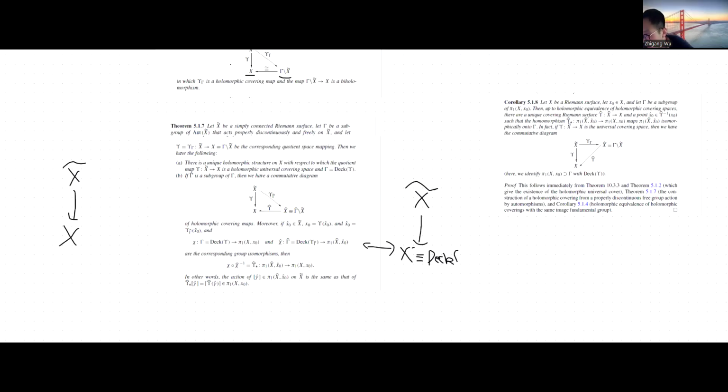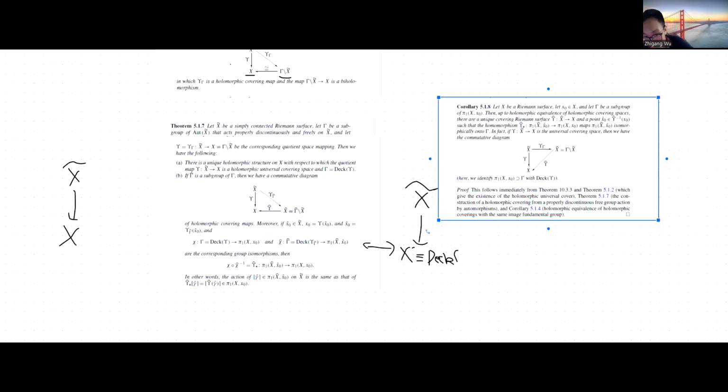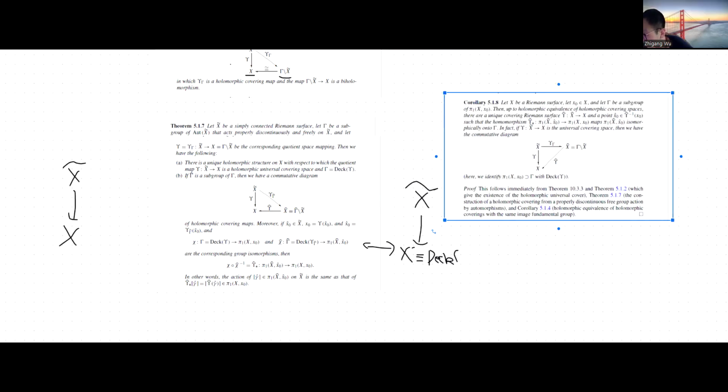In this statement of the corollary, this gamma is just a subgroup of pi one of x, x naught, where pi one of x, x naught can be identified as the deck transformation group of the universal covering. Remember, this x tilde is the universal covering.